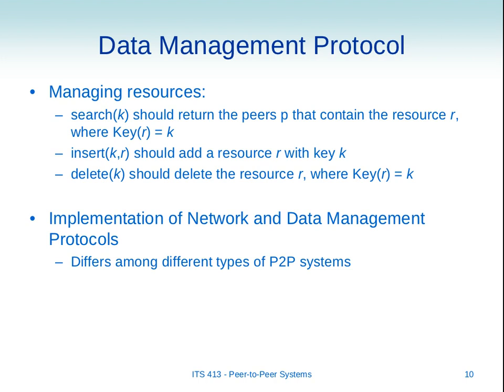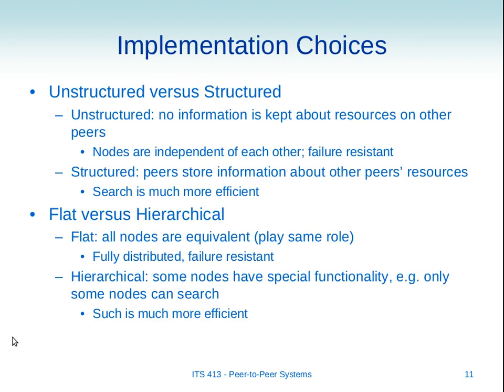How do we implement these steps? That's the question. And that differs amongst different types of peer-to-peer systems, which we're going to go through. There are two general ways to differentiate our peer-to-peer systems: whether it's structured or unstructured, and flat versus hierarchical.